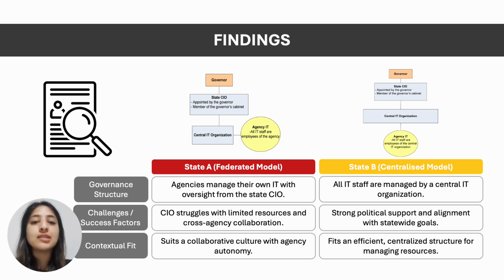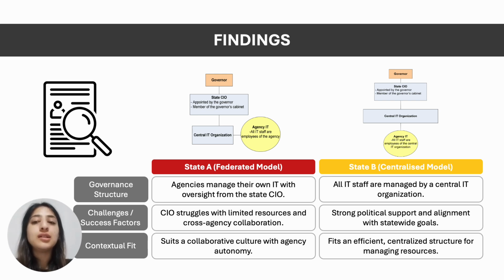The challenges and success factors of the federated and centralized ones: in the federated model, one of the key challenges is limited resources and lack of cross-agency collaboration. For example, each agency may be working on similar projects but in isolation, leading to duplicated efforts.